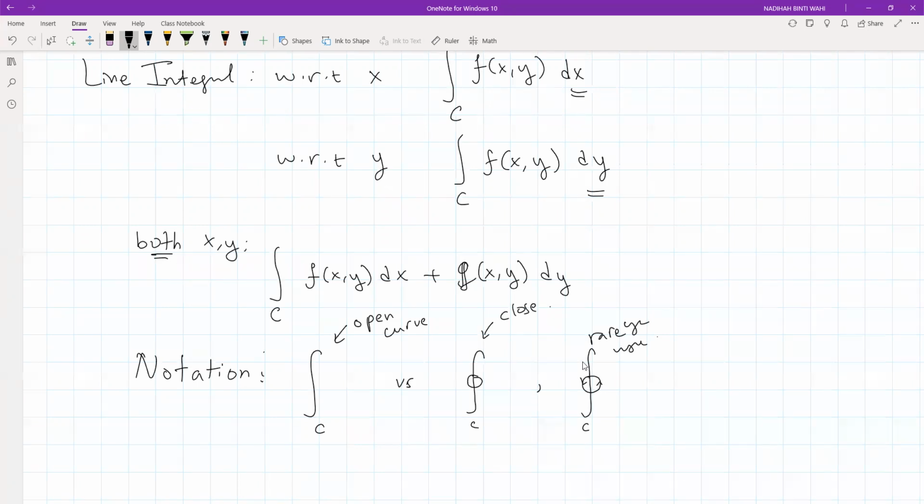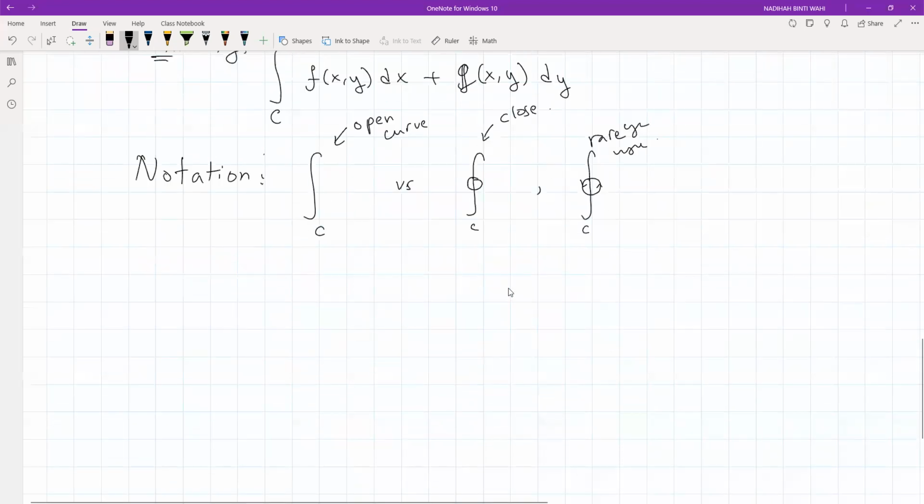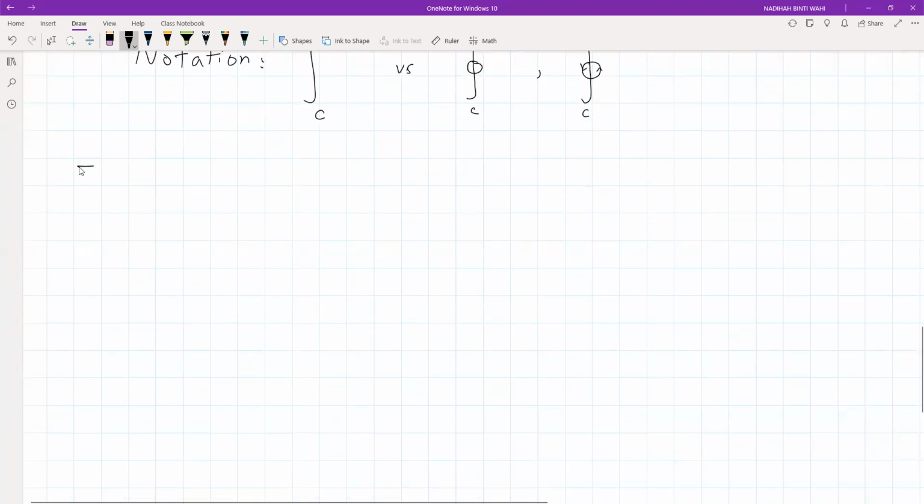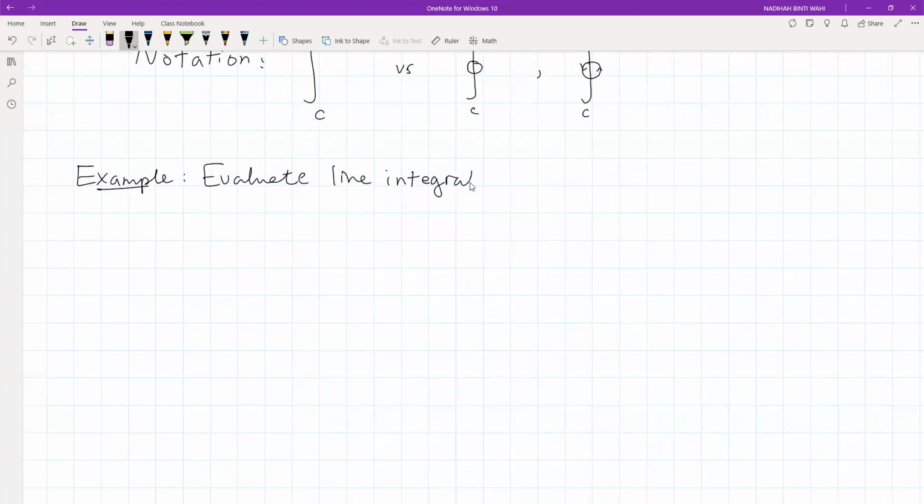All right, let's see this example. Evaluate the line integral from -1 to 0. So this is like a point on the xy plane, -1, 0.